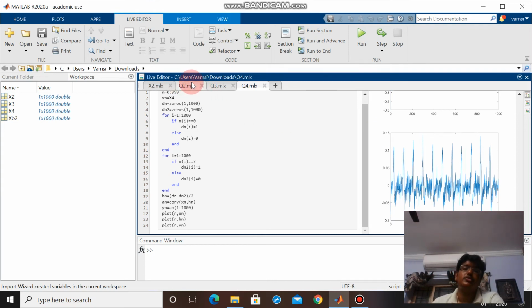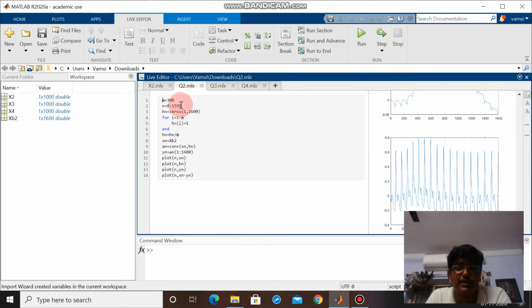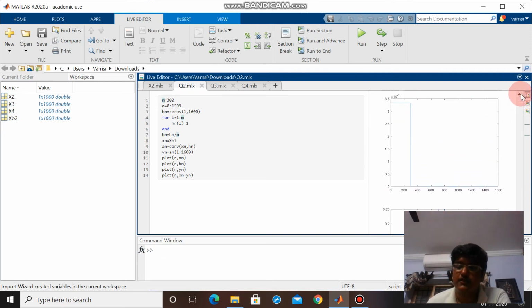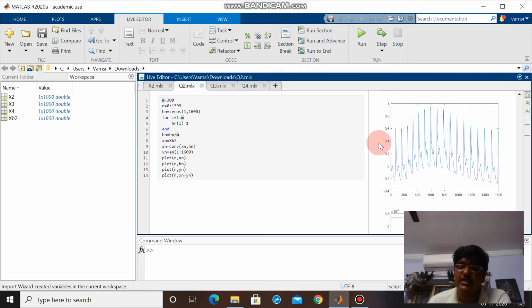Now let us come to trend, and what is trend line and trend removal. Now let's get to question number 2. If you notice here, the given input signal xb2 has a lot of high frequency waves, also known as noise.